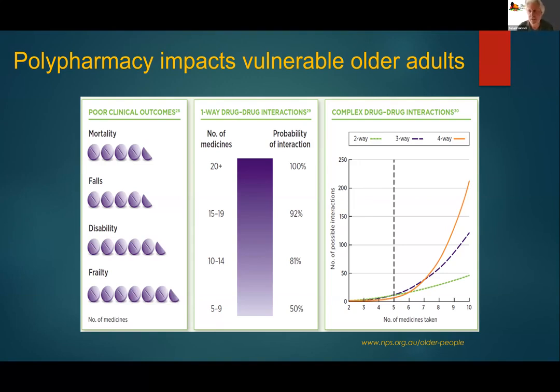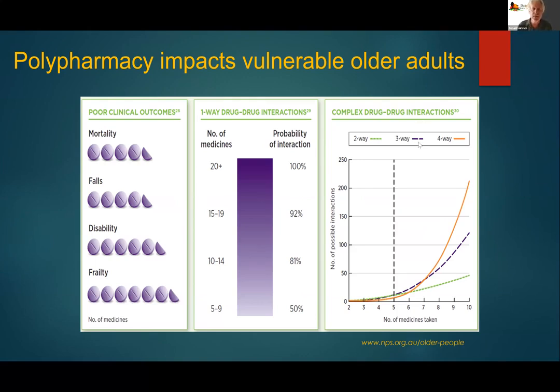Well, guess what? Somebody's just chasing the tail of the dog. They're giving them a medication to reduce side effects of another medication. So we call that the prescription cascade, and that's something that I think is important to address in age-friendly healthcare.